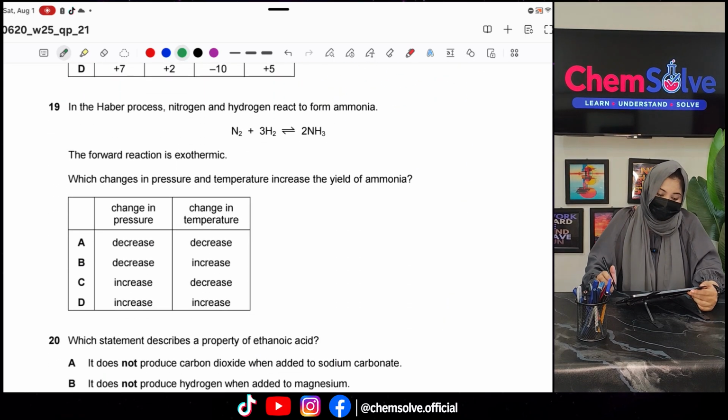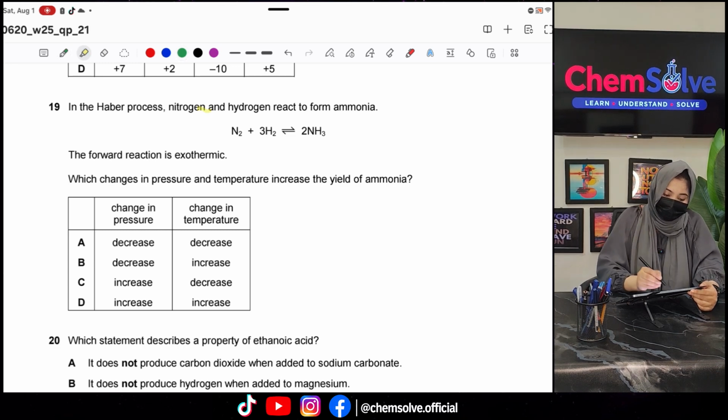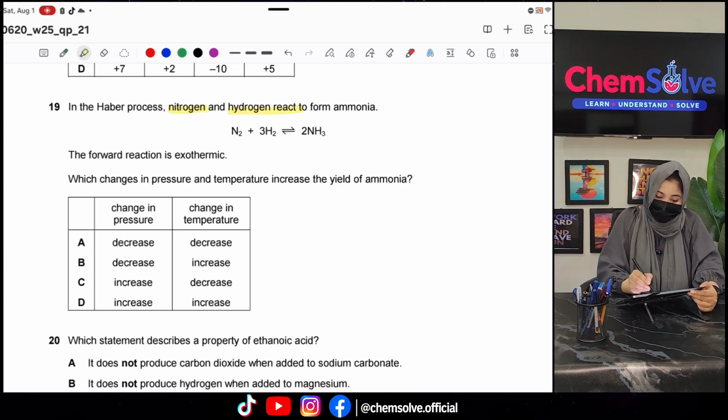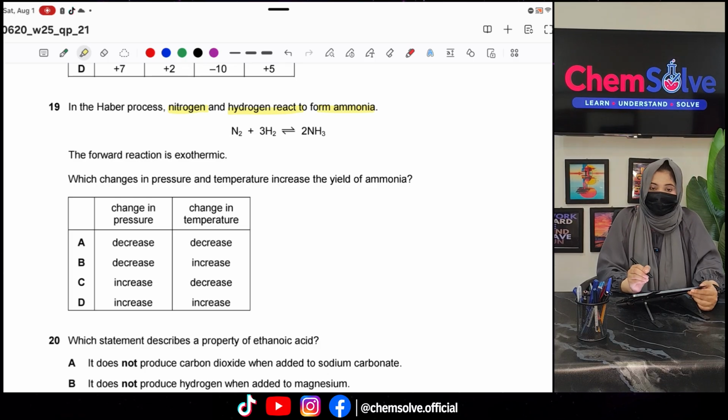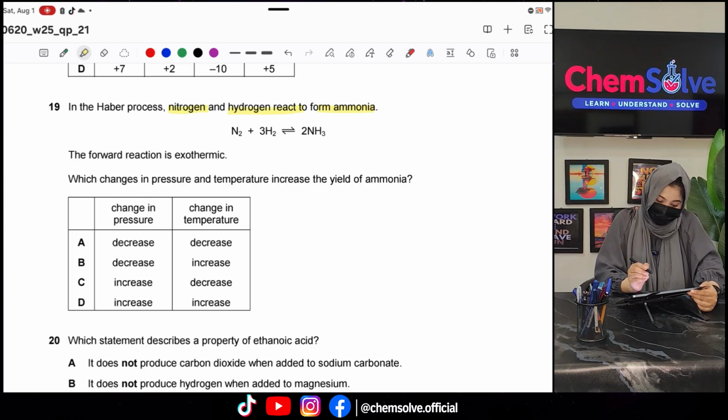Okay, so question number 19. In the Haber process, nitrogen and hydrogen react to form ammonia. So, change in the pressure.